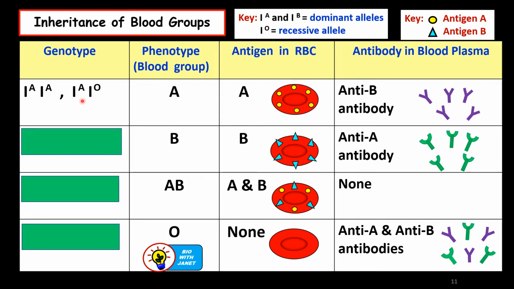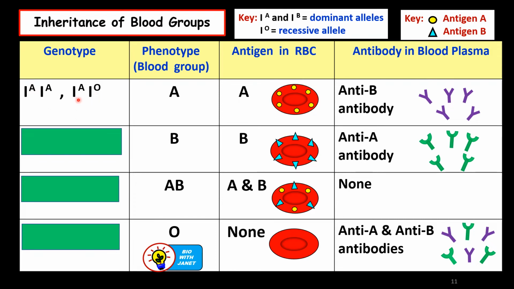Now, on the other hand, this individual that has a genotype IAIO is called a heterozygous individual, heterozygous for blood group A. Heterozygous means having two different alleles in the genotype.